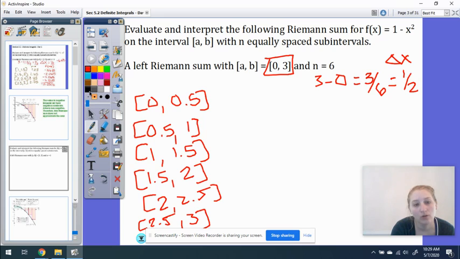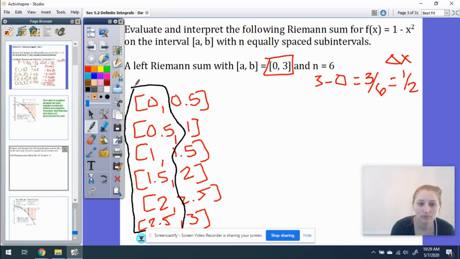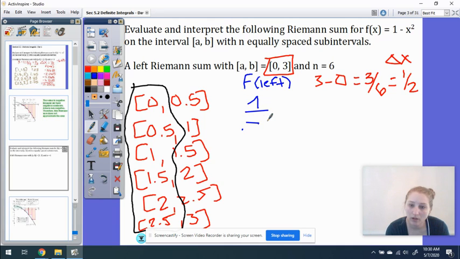Okay, so with left endpoints, just like last time, I'm going to plug in the values. We plug in 0 and we get 1, then 0.75, 0, negative 1.25, negative 3, negative 5.25.